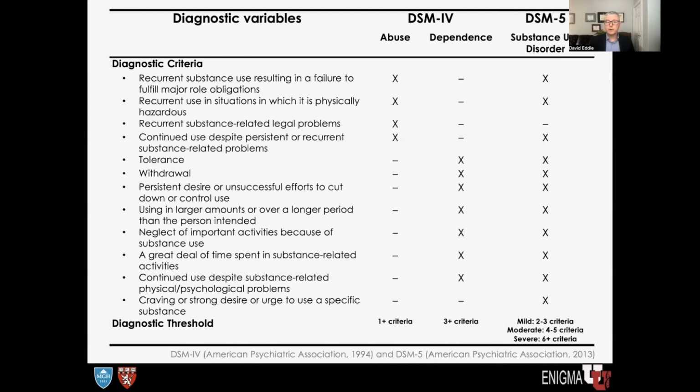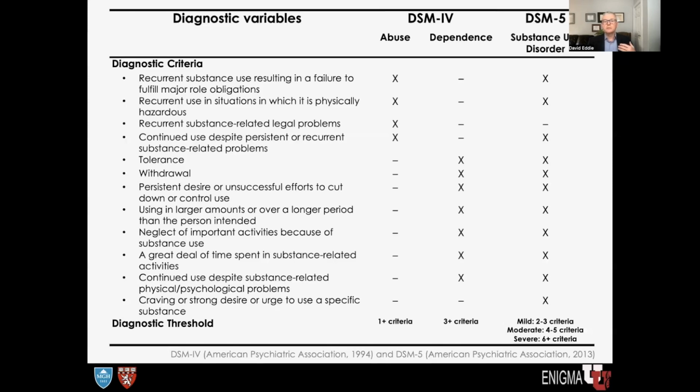Now you'll notice a few other changes. There are 2 other changes in terms of the diagnostic features. So they got rid of recurrent substance-related legal problems. You can perhaps guess why. The problem was, the people who have recurrent substance-related legal problems were often not the people who were using alcohol and other drugs in the most hazardous way, but often the most marginalized people.